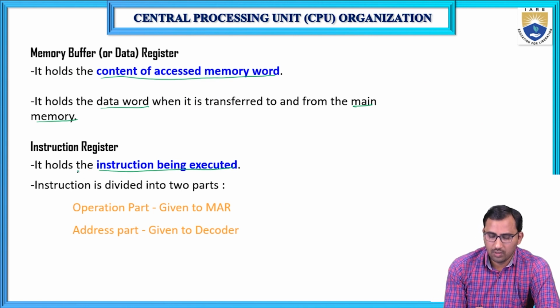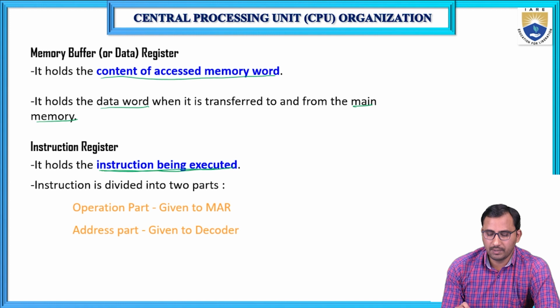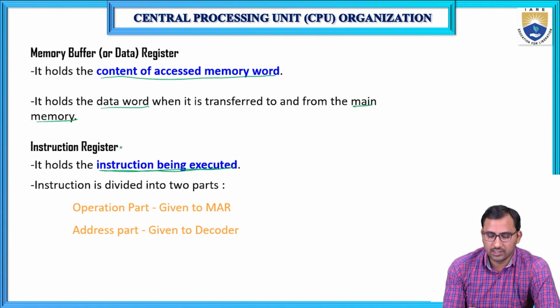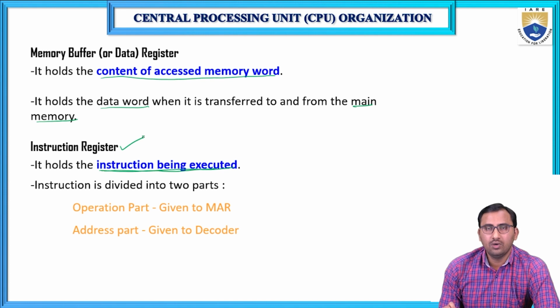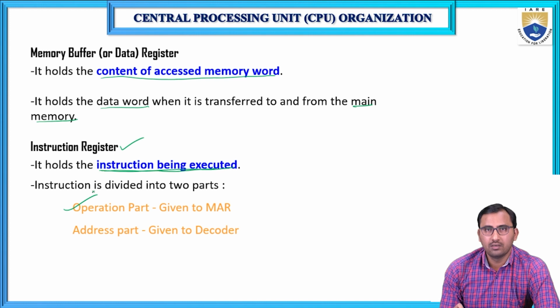So what does the instruction register contain? It holds the instruction being executed. That means an instruction which is currently executing will be stored in the instruction register. An instruction mainly consists of two parts: the first is the operation part and the second is the address part.